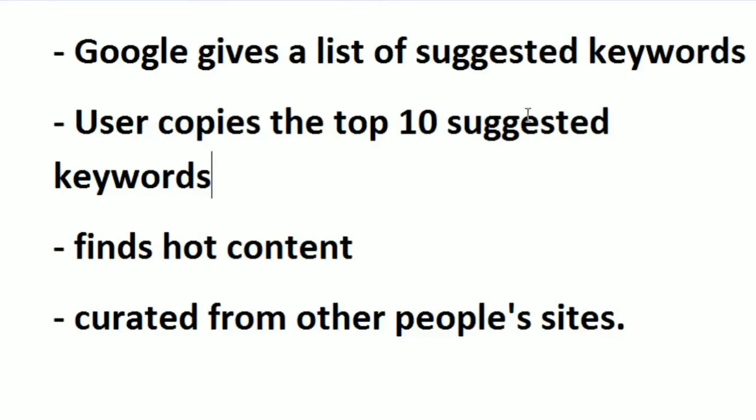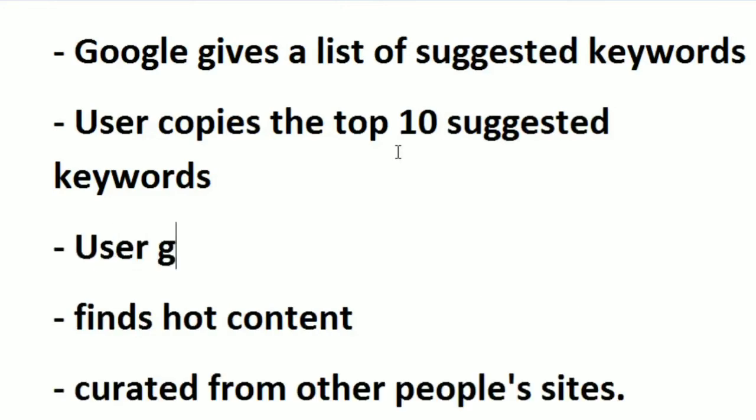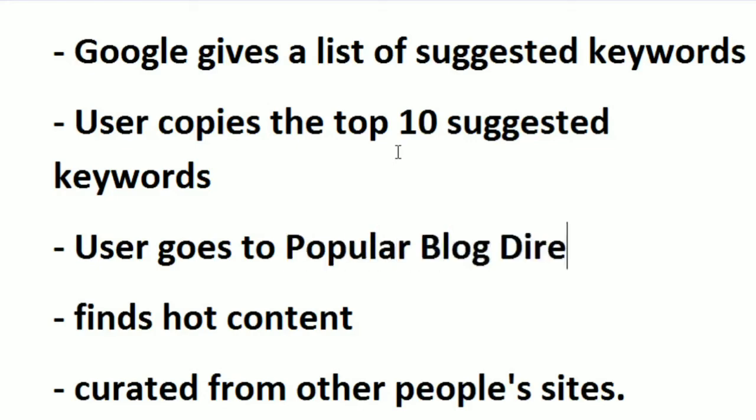User copies the top 10 keywords, and then maybe the user goes to, let's say, Facebook or some blog site, maybe Blogger, or we'll just call this user goes to popular blog directory.